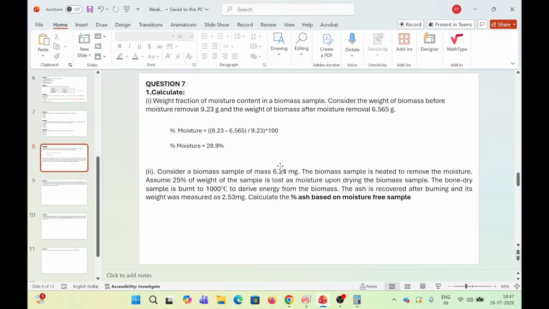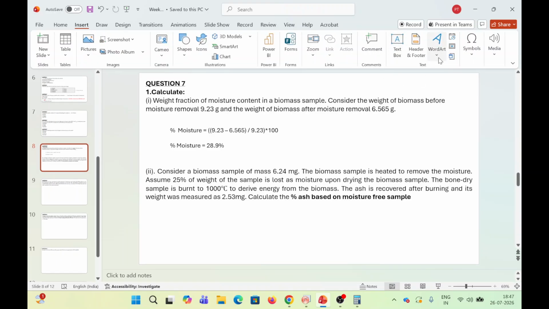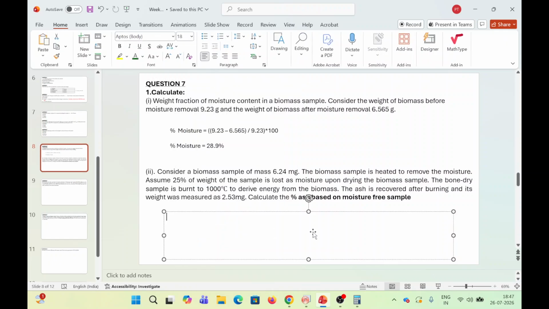54.64. Okay, 54 percentage. Since I received an answer, I'm going to start calculating to check. So it's simple. You just need to know what is the weight of moisture. That is nothing but 25 percentage of the sample.